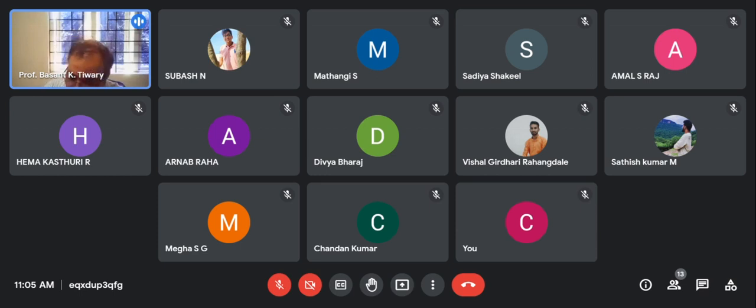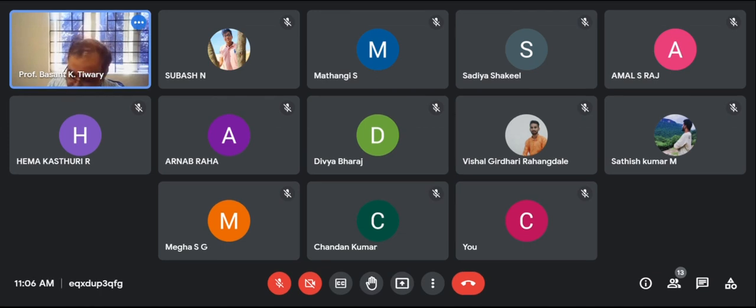Who is present today? Amal is present. Arnab is present. Today Bablu is absent. Chandan is present. Chandini is present. Vidya is present. Hema is present. Mathangi is present. Megha is present.